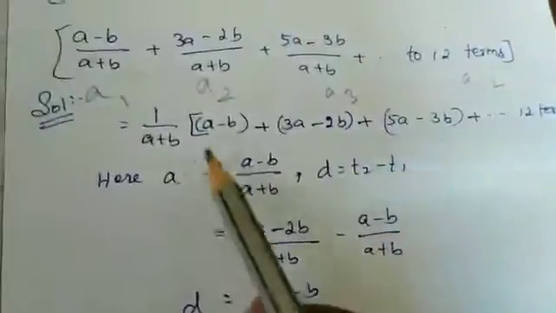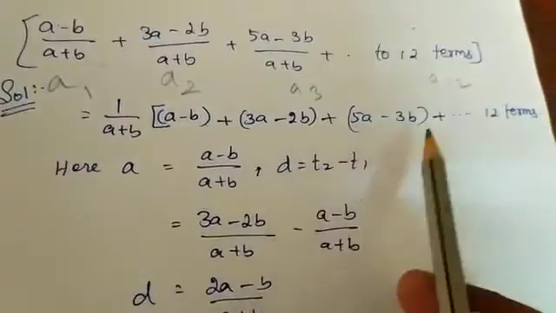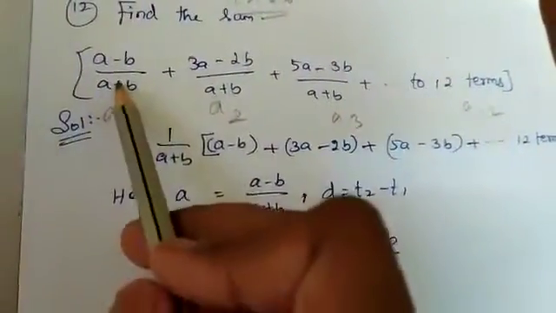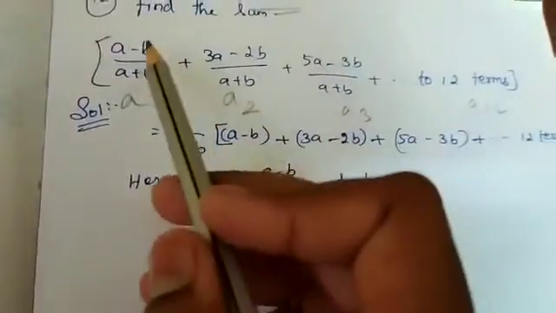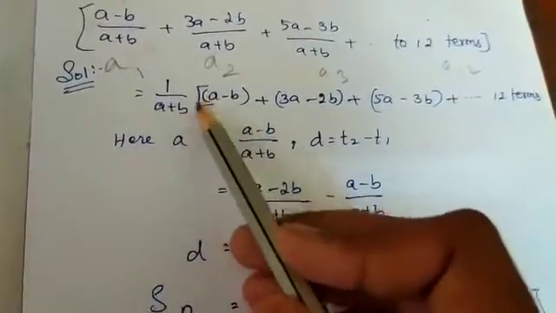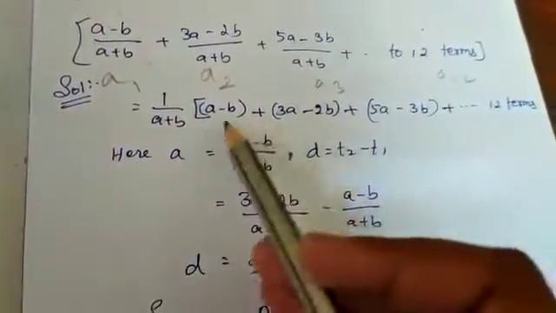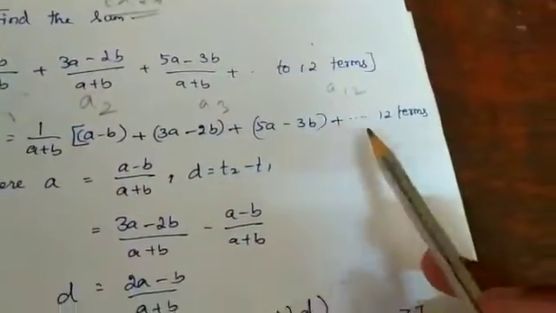So 1 by a plus b into a minus b plus 3a minus 2b plus 5a minus 3b. I am taking the 1 by a plus b outside, and all the numerators aside, and one denominator aside, till 12 terms.